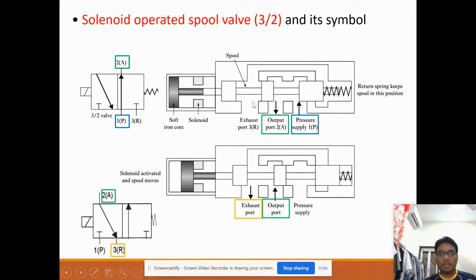As the solenoid is energized electrically, the spring moves towards these positions. So you can see port number 1 is currently closed, and port number 2 moves to the exhaust port number 3. That is the exhaust port, which we mention as 3R.